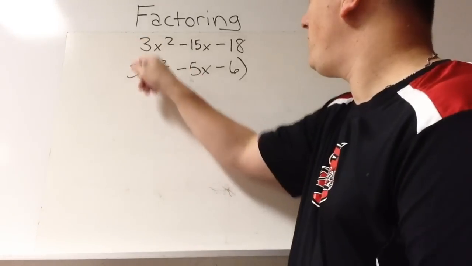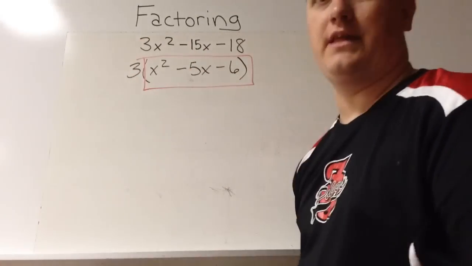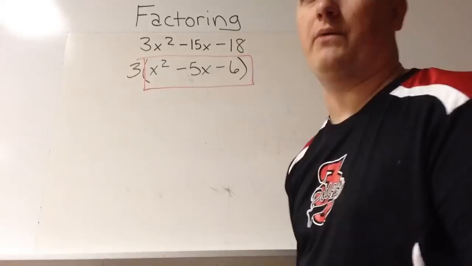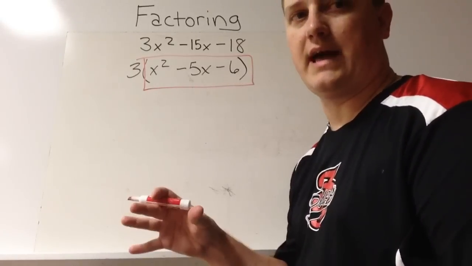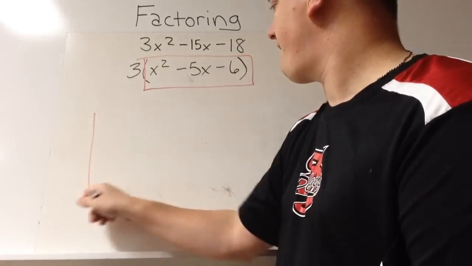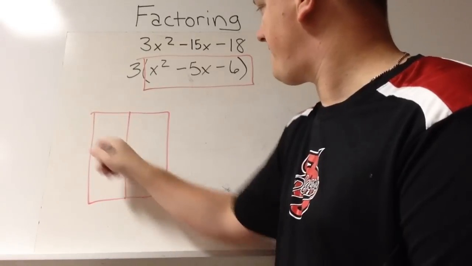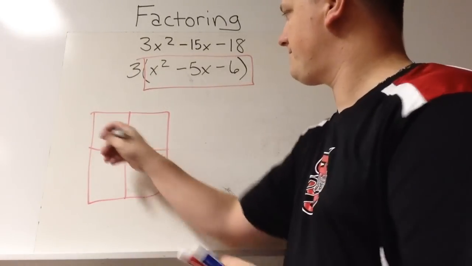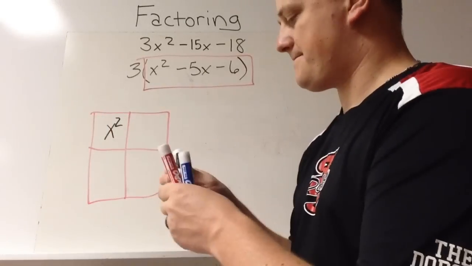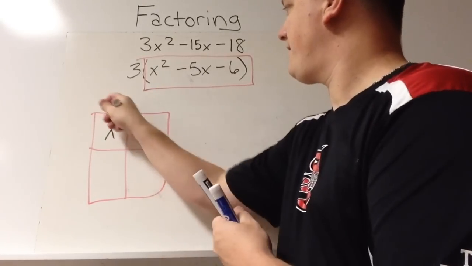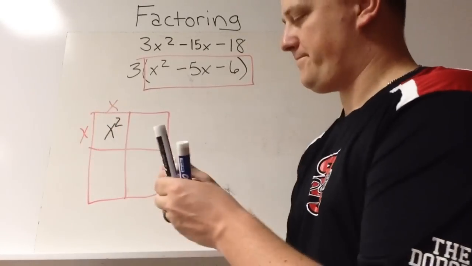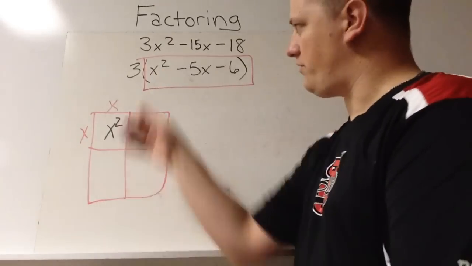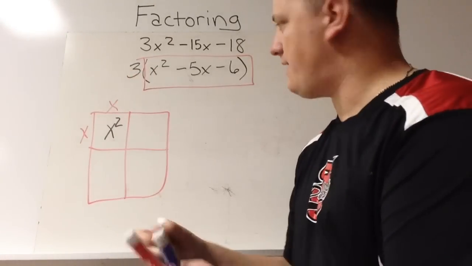Now we can do the box to this. We just can't forget the 3 when we write our answer. So we still need that 3. This still comes from here. So the 3 is off on its own right now.